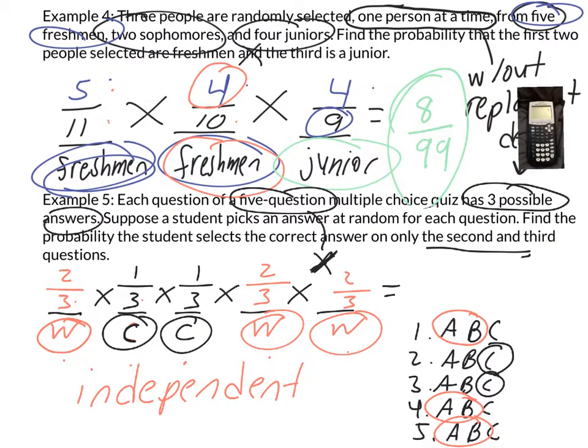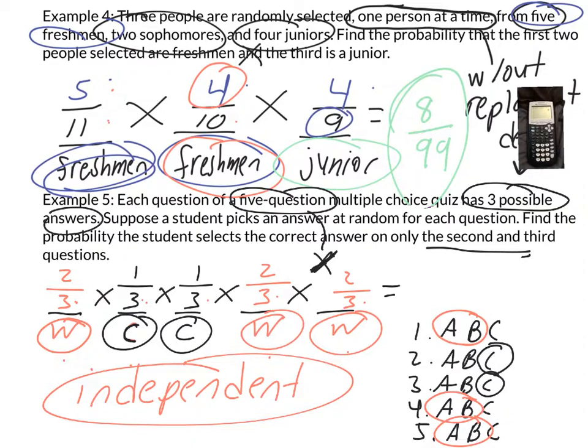Each question is a totally separate, independent question. It does not affect how you answer the other questions. So this is independent. With replacement that we talked about on the last slide is an example of independent events. But with independent events, the denominator, the bottom of the fractions, will stay the same. They do not go down by 1 like without replacement or dependent events would.